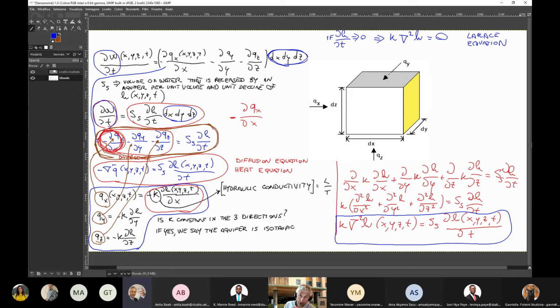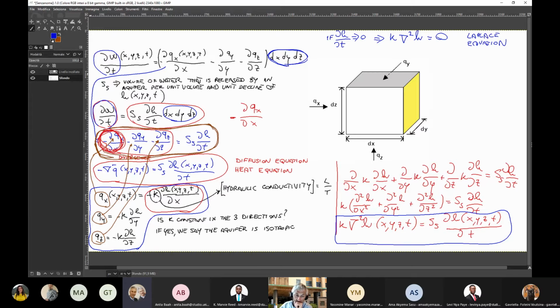And another simplification that we may take is that we can consider the flow only in 2 directions. So we can eliminate the derivatives with respect to the 3rd direction, and then we get a 2-dimensional problem. Or we can consider that the flow occurs mainly in only 1 direction, therefore reducing to a 1D problem.